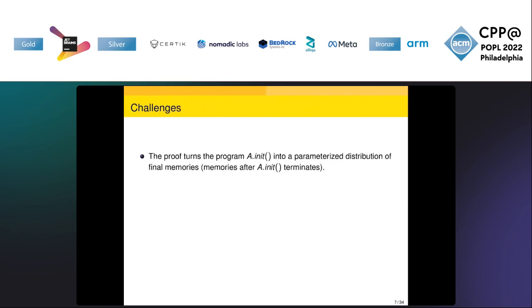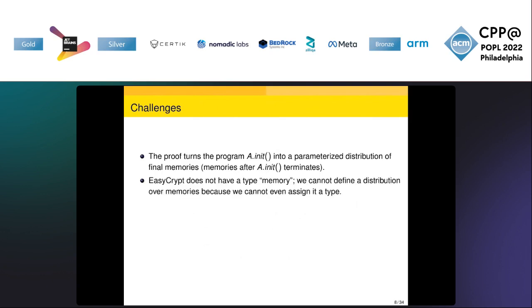There are a number of challenges in formalizing this proof in EasyCrypt. For example, the proof turns the program A init into a parameterized distribution of final memories. In other words, memories after A init procedure terminates. Also, EasyCrypt doesn't have a type memory, so we cannot define a distribution over memories.